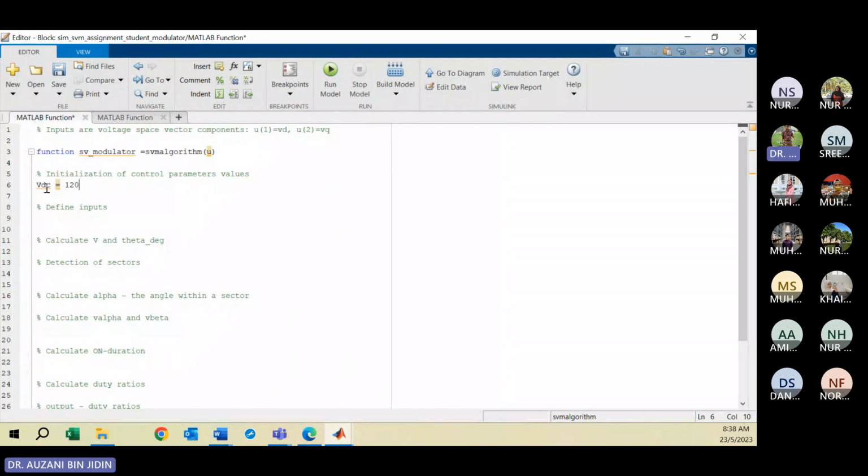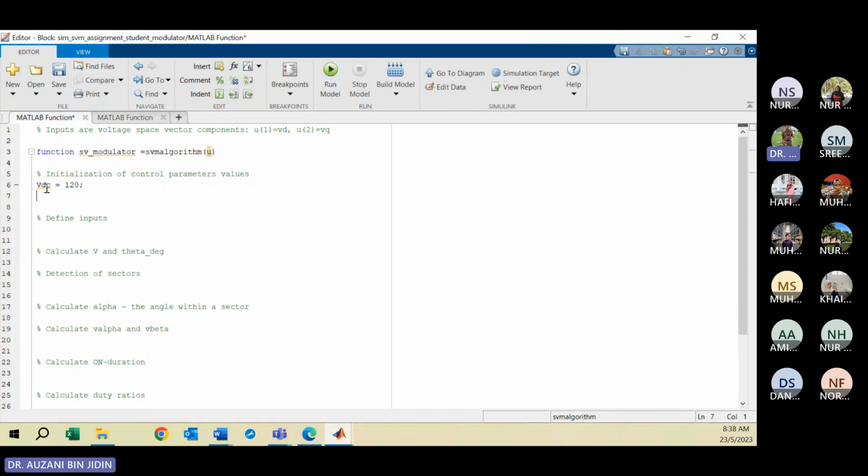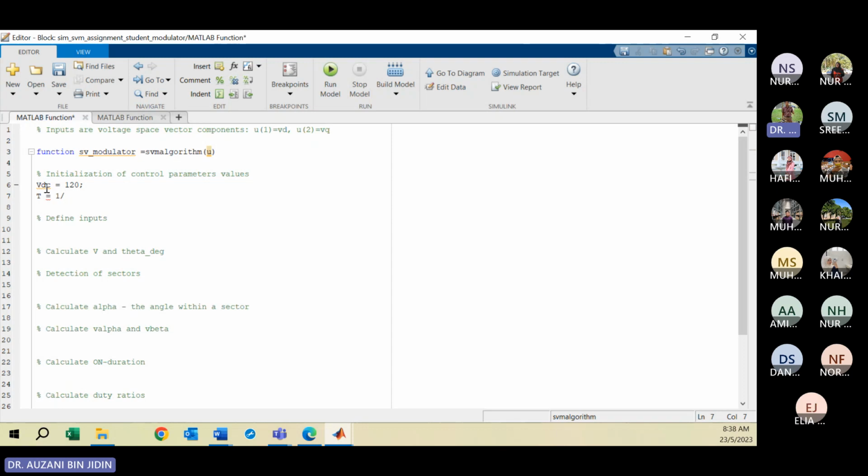Make sure after you write each line of instruction, you put a semicolon. Then you define the switching period, T. What is the T value? T is 1 divided by the switching frequency, 1000.